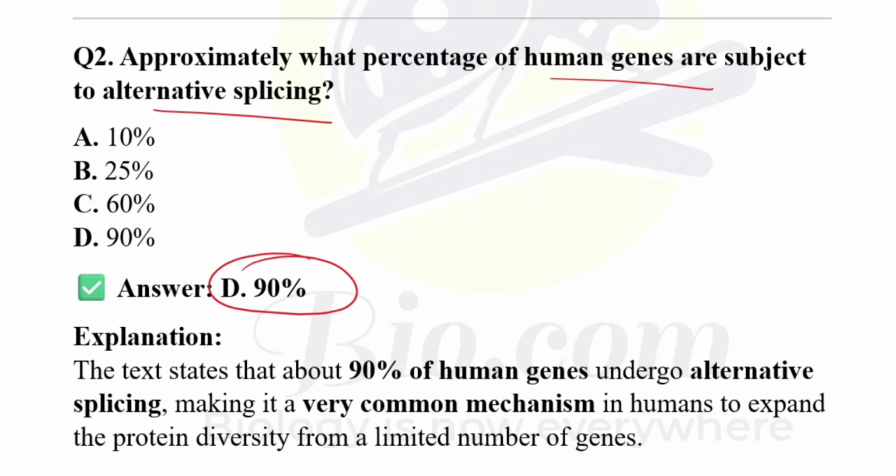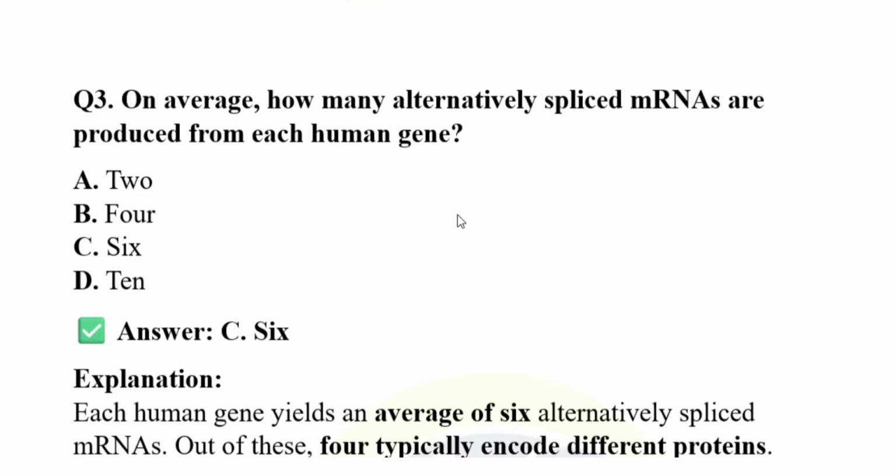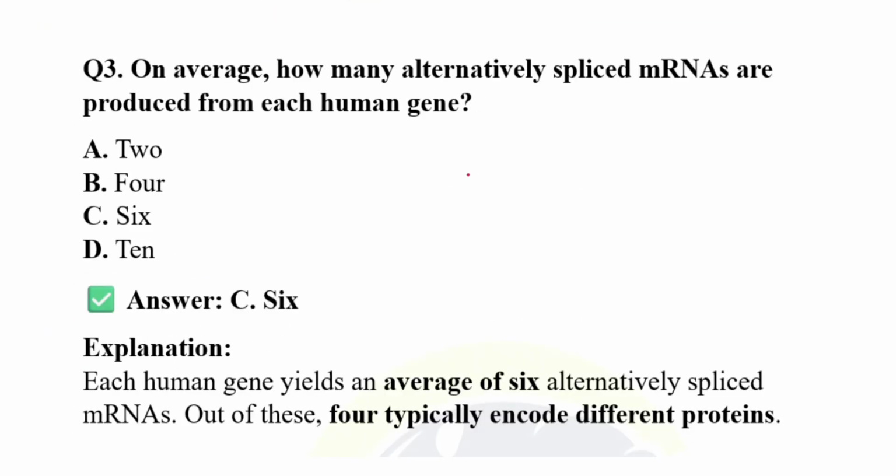Even if we have a limited number of genes, we will not have limited protein diversity, because we have alternative splicing. Through alternative splicing our mRNA variants will be more and more protein isoforms will be there. Now next question: on average, how many alternatively spliced mRNAs are produced from each human gene? On average, alternatively spliced mRNAs are produced from 6.